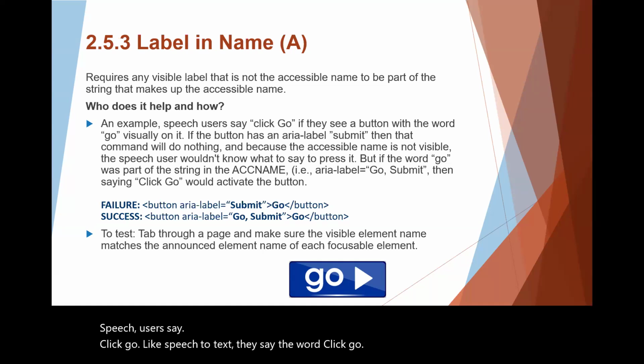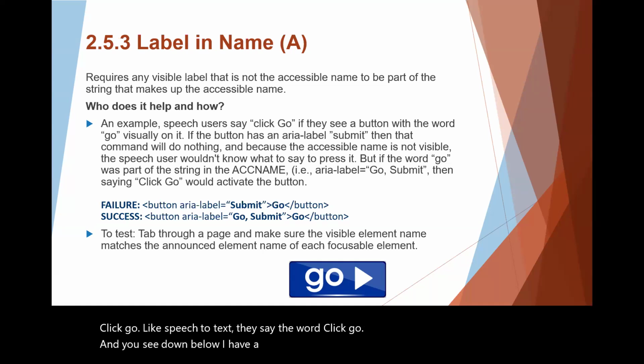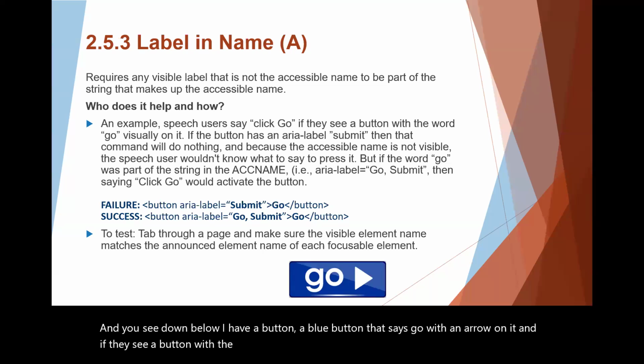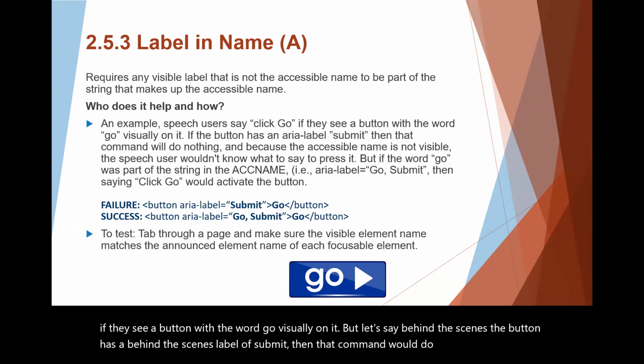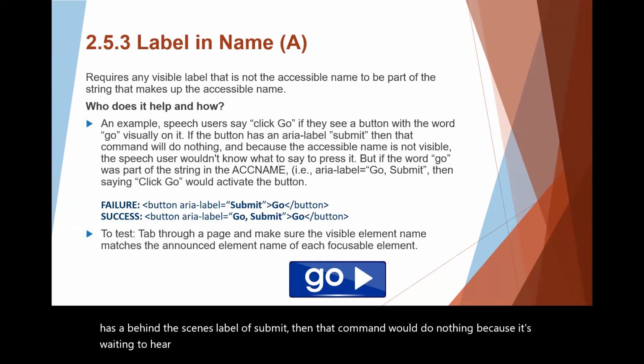And you see down below, I have a blue button that says go with an arrow on it. If they see a button with the word go visually on it, but behind the scenes the button has a label of submit, then that command would do nothing because it's waiting to hear or to activate submit.